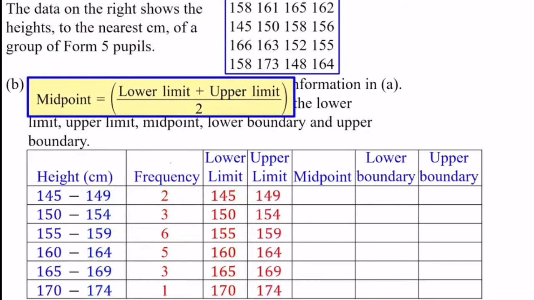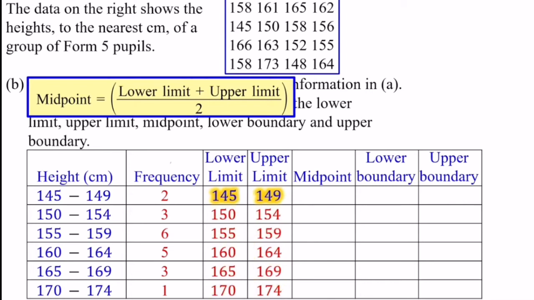Okay, and then to find the midpoint, you take the midpoint or average of the lower limit and the upper limit. That means we take 145 plus 149 divided by 2. After we divide by 2, we can just add the size of the class to get the next midpoint.